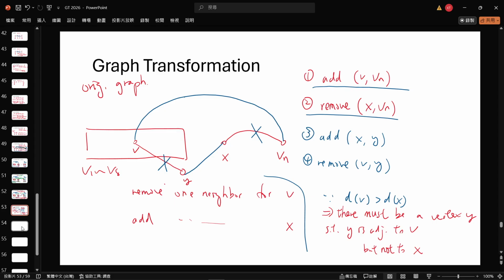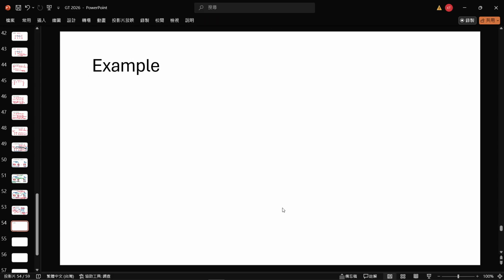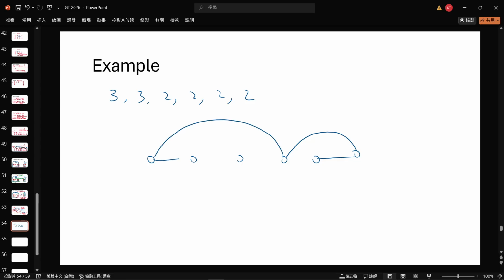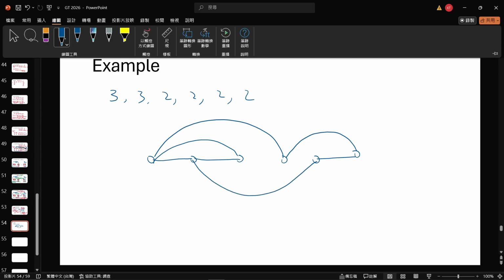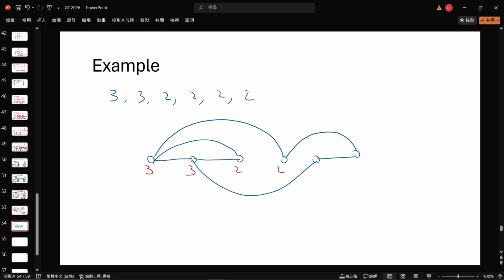Okay, so let me give you a concrete example. So this is the original degree sequence D, and D prime is 2, 2, 2.